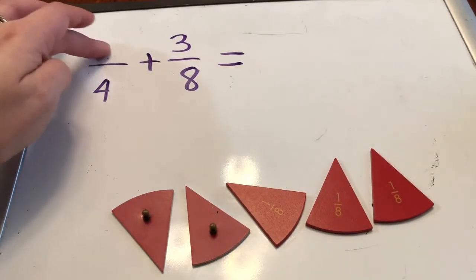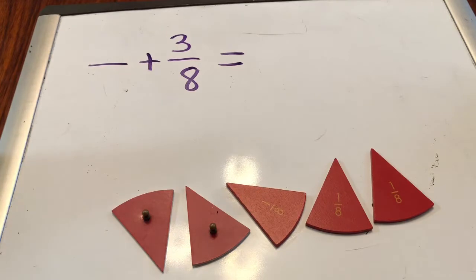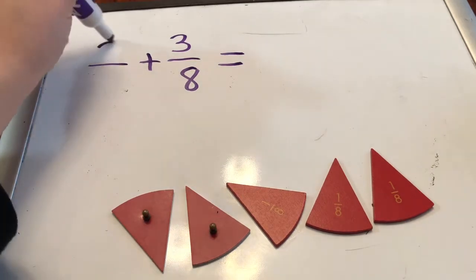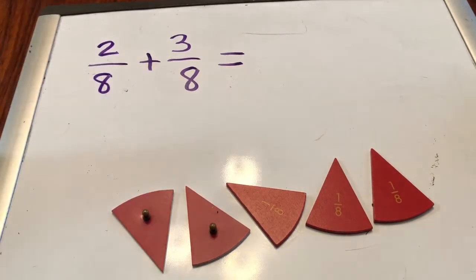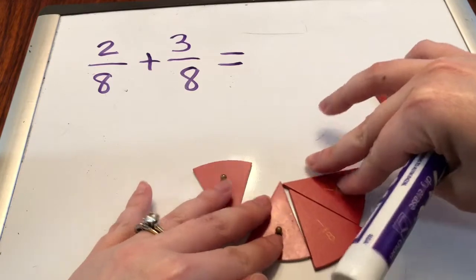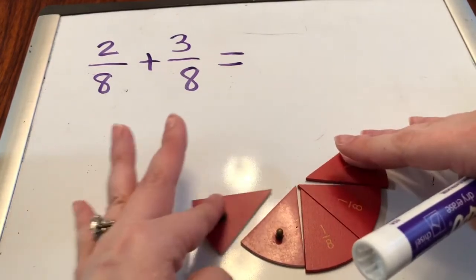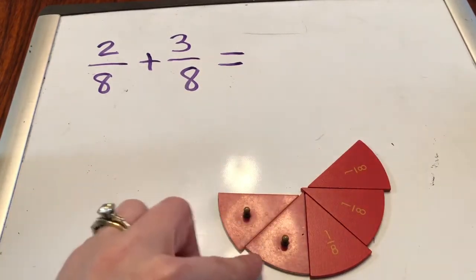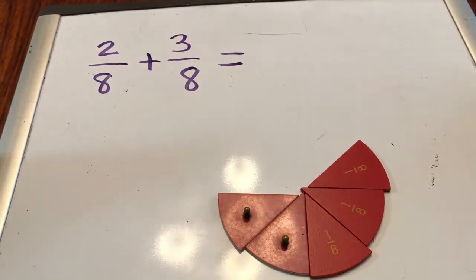So I can write that. 2/8. So now we can either count our fraction pieces, which is what I'm gonna do. 1, 2, 3, 4, 5. 5/8.